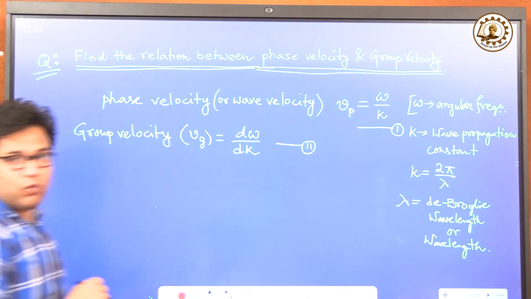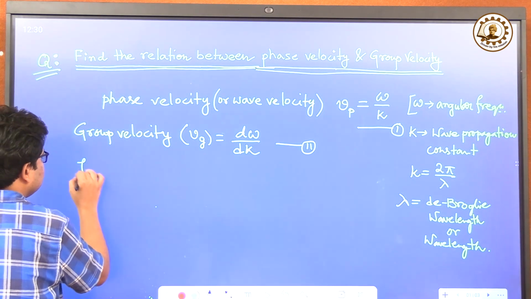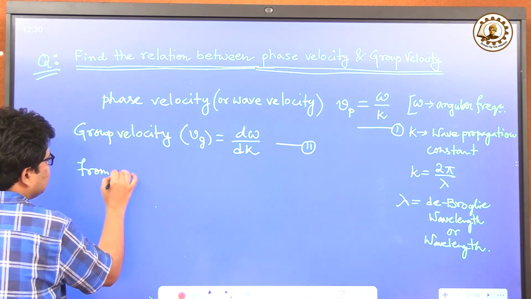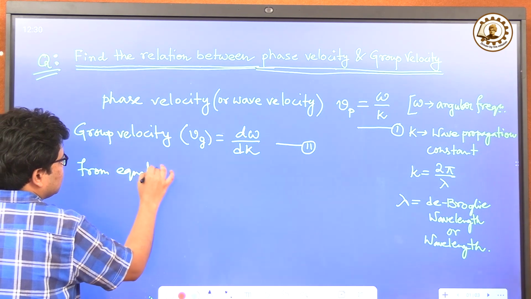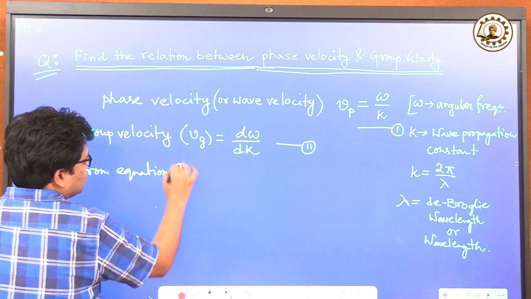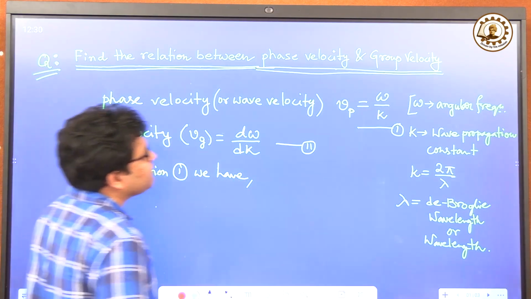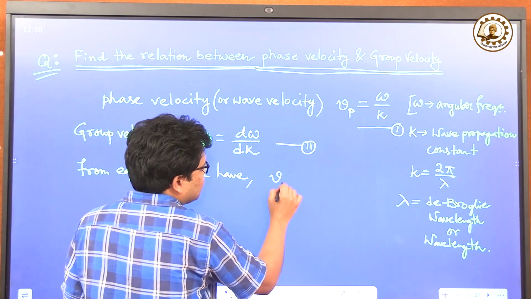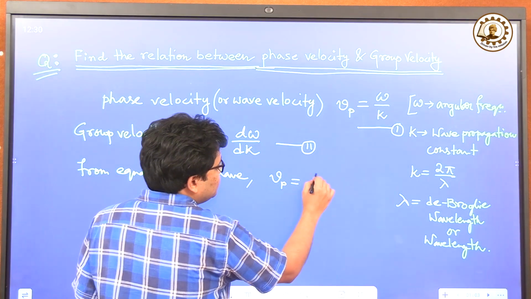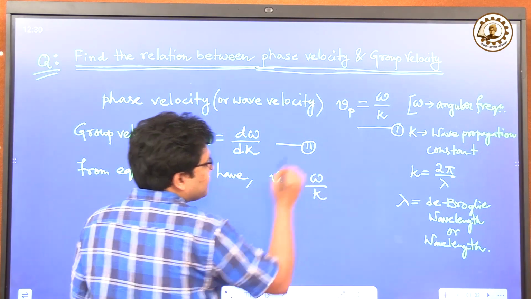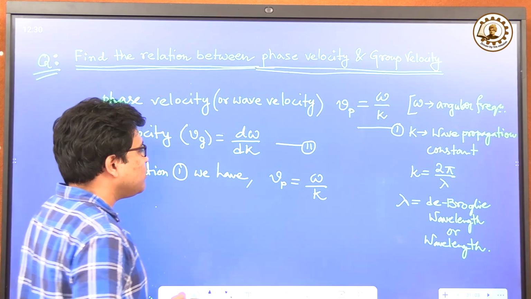So from equation number 1 we have Vp equals omega by k. So from here what we can write?